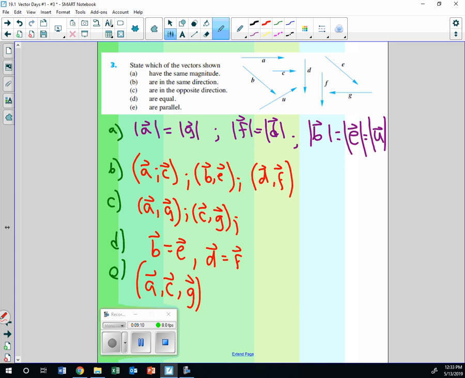B is parallel to E. I think that's it. Any other parallels? D and F. Good. All right. So those are equal vectors.